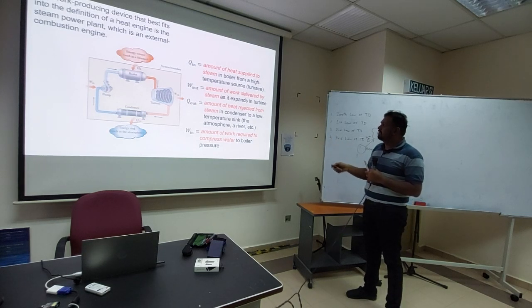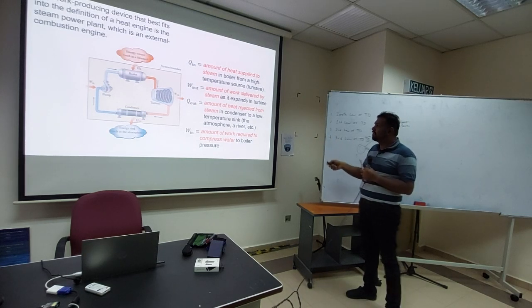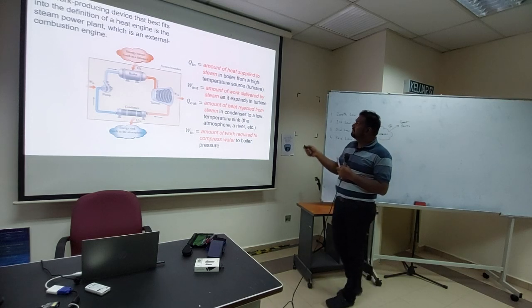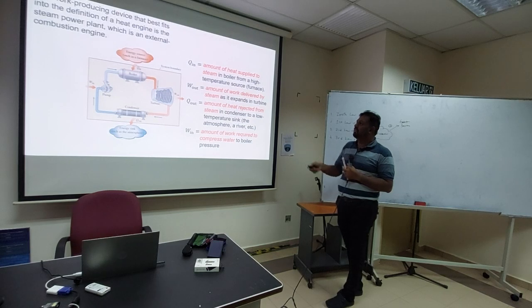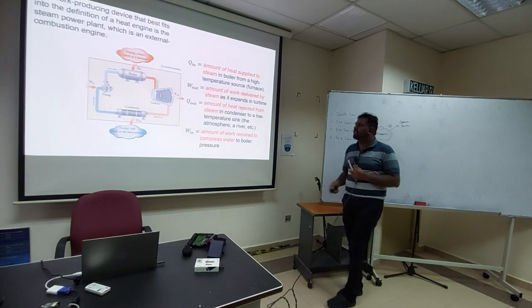I think you are familiar with this. Q in: heat is supplied to the steam, then work out by the turbine, then Q out from the condenser to the energy sink, and work in because flow is entering, so work is done on the pump, and the pump is doing work again, so it goes in a cycle.